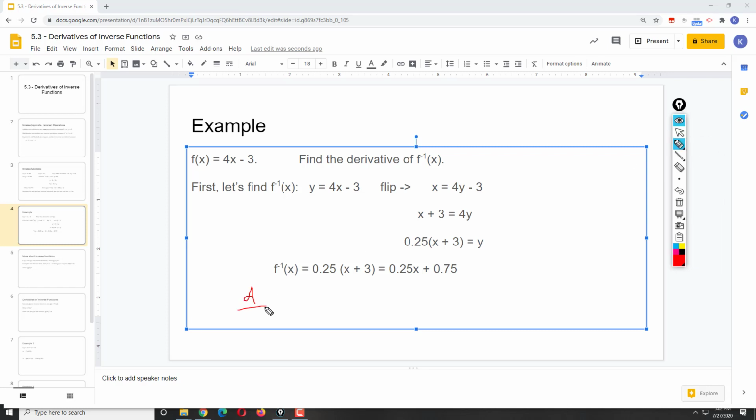I can write it in this notation, that means derivative. The derivative of the inverse would have to be 0.25. That's it. Because the derivative of 0.25x plus 0.75 is 0.25.